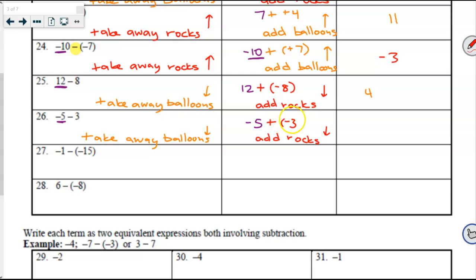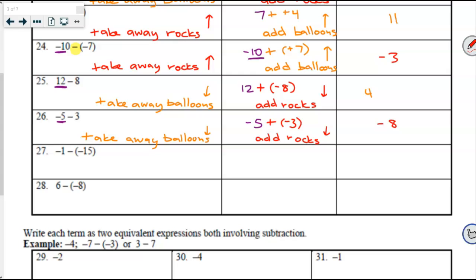Yeah, -3, exactly right. You change the subtraction to adding a negative. And now 5 rocks plus 3 rocks. How much easier is that? 5 rocks plus 3 rocks is 8 rocks. Or in other words, -8. Nicely done. You guys are really catching on.